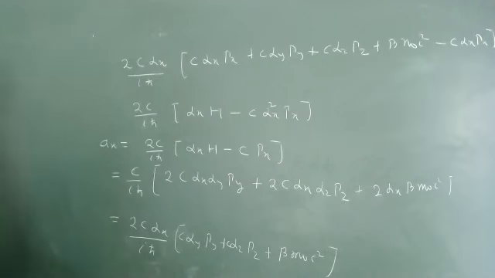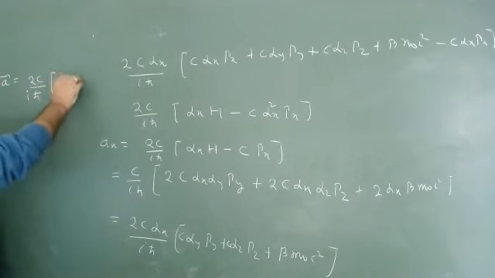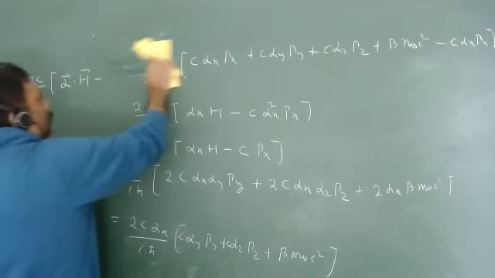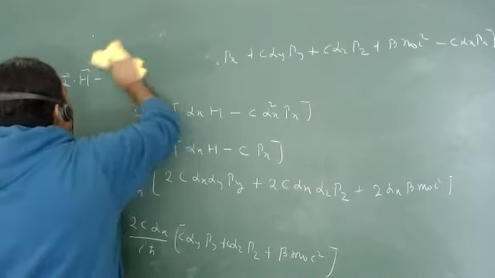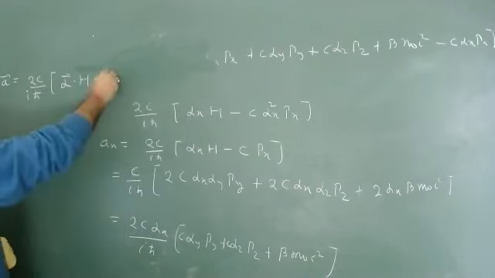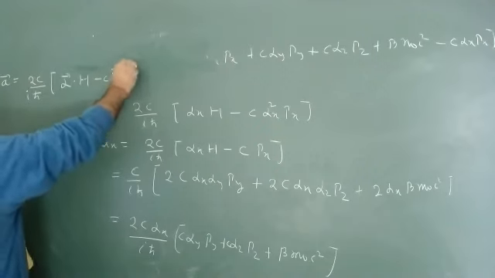So similarly, I can go for a, in the same manner. What will be the a vector? Can I write this thing 2c upon i h cat, and this will be alpha H, not alpha dot H, minus c into p.